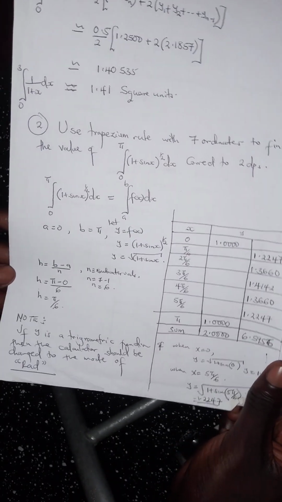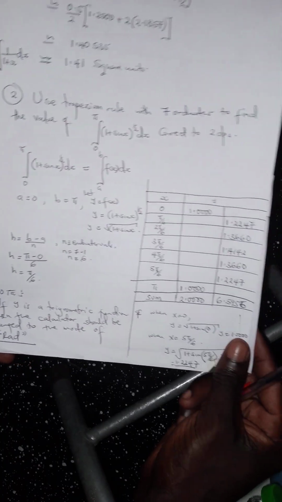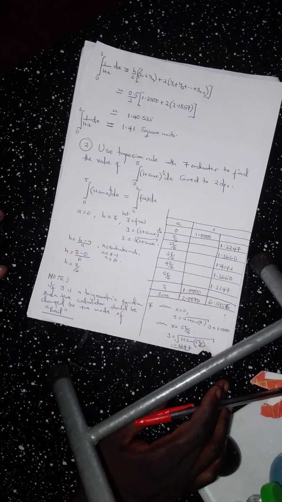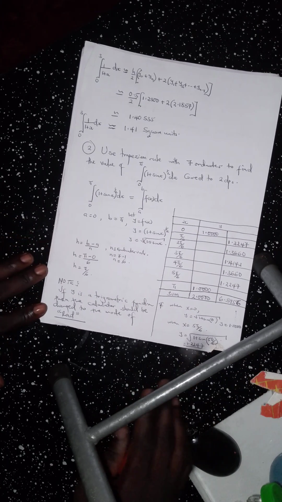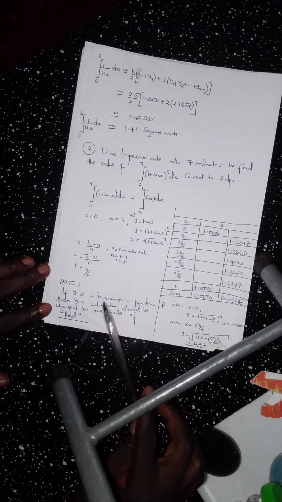Then in question 2, they are now giving us an expression that has a trigonometric function, and we are noting that if the integral given has a trigonometric expression, then you must change the calculator to the mode of radians, or rad.